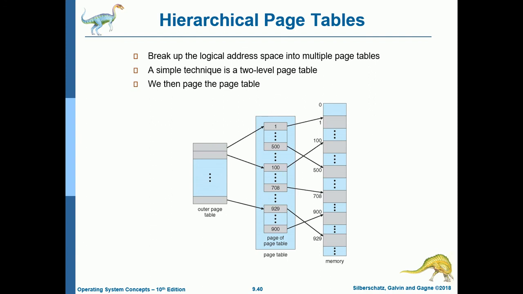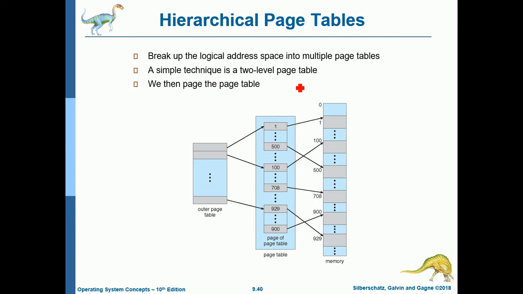First, we have hierarchical page tables. Break up the logical address space into multiple page tables. A simple technique is a two-level page table. This outer page table is divided, so we have 3 here for an example, and then this will also be divided.